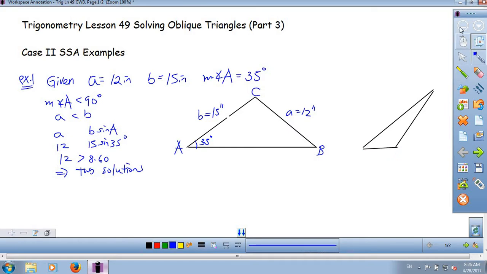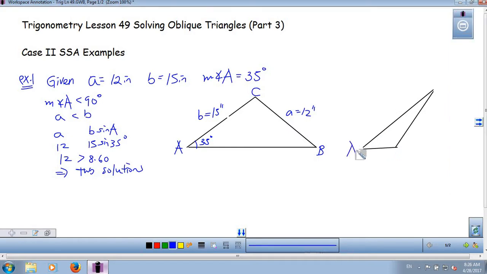It will definitely form an obtuse triangle. Angle B will be obtuse, so we're going to call it B prime, and this C prime. But notice B is still 15 inches, side A is still 12 inches, and this angle is still 35 degrees, but it just closes in like this. Those are the 2 possible solutions we will come across.